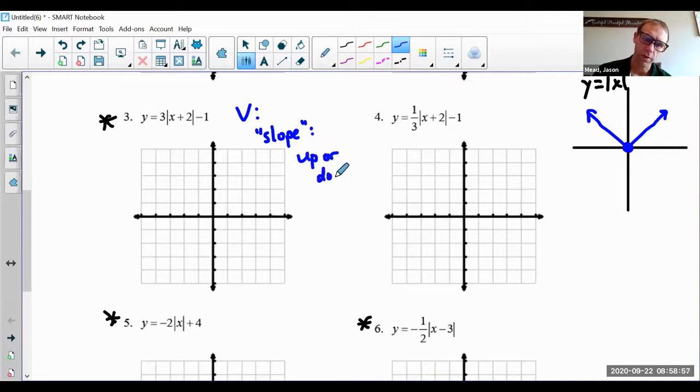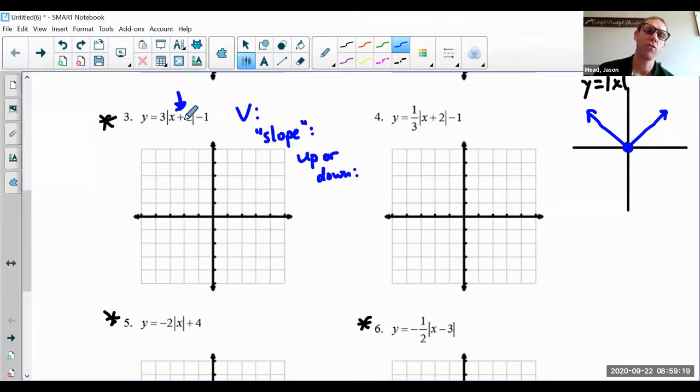So we can figure this out just looking at the equation. In this case, if there's some sort of addition or subtraction on the inside of the absolute value, that gives me a left-right shift for the vertex. So in this case, the vertex is moving left or right.